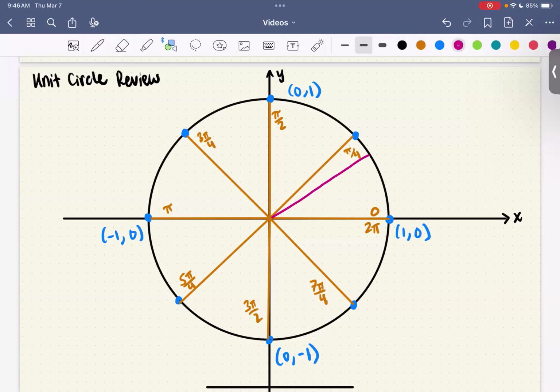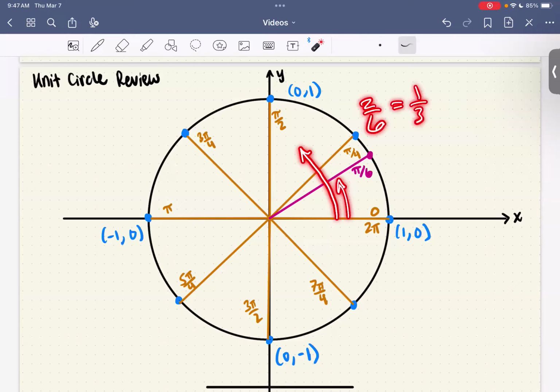So somewhere here-ish is going to be pi/6. And then I'm going to count the same way that I counted the fourths. So I have 1/6, and then if I had 2/6, that's the same as 1/3.